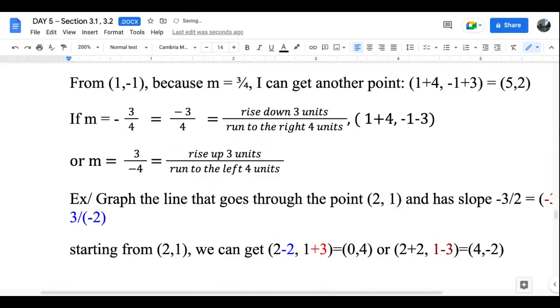Even though they are different points, there are infinitely many points on the same line, so each point still will be on the line. For this one, we get 1 minus 4, because we run to the left, and -1 plus 3.